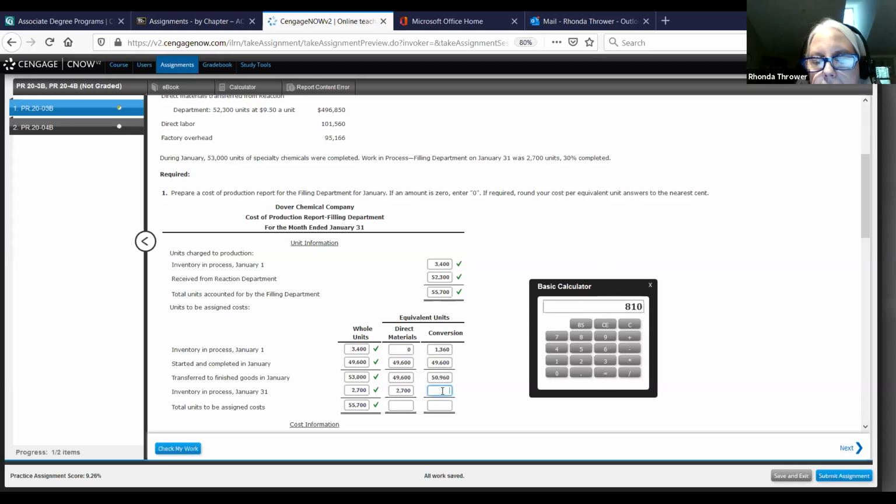That's going to give me 810 units that I have left of my ending inventory that are converted during January. And again, I got that by taking 2,700 and multiplying it by 30% that were completed with respect to our conversion this period of time.